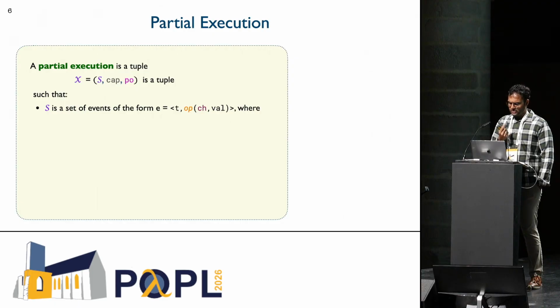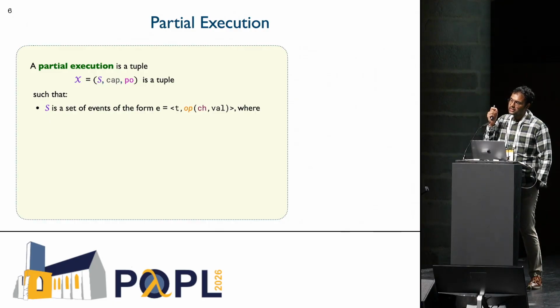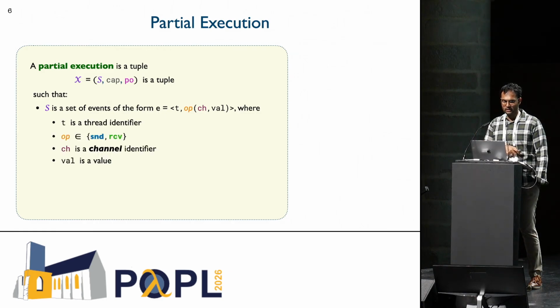Each event tells you which thread T performs that event, together with the operation that was performed, which can be one of send or receive in this case. There's additional information about the channel identifier, CH, and finally, you also talk about the value being sent or received in that channel.